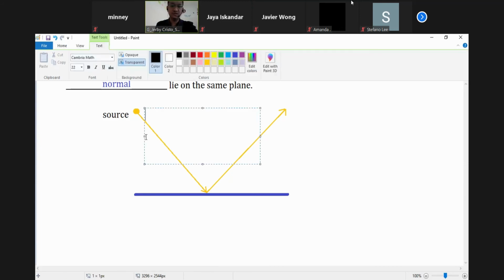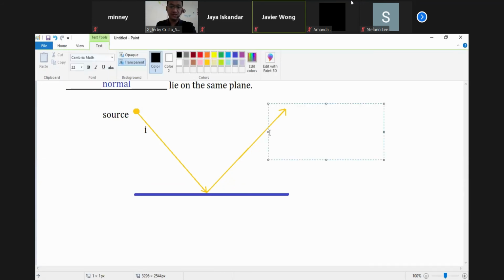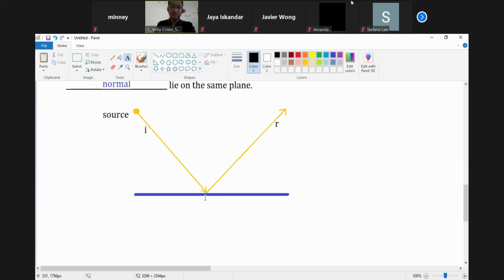We denote it with the symbol I. How about the ray going from the surface to another direction? Reflected ray. We denote it with the symbol R. Then we assume a line perpendicular to the surface. It's a line that bisects the angle between the incident ray and the reflected ray, so it's like an angle bisector.